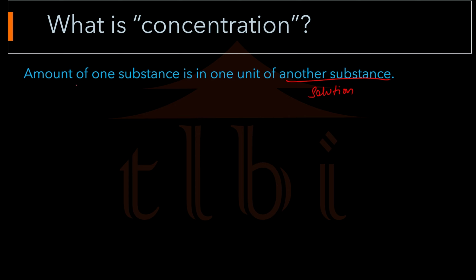In the previous slide we have seen that the amount of glucose present in blood is about 90 mg per deciliter. That is the normal range. So 90 mg present in 100 ml of blood, right?